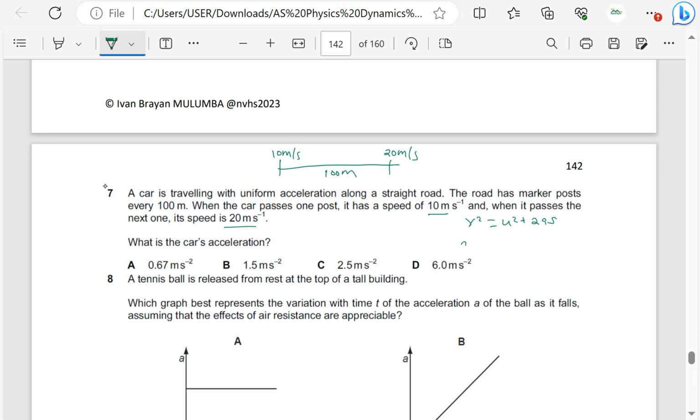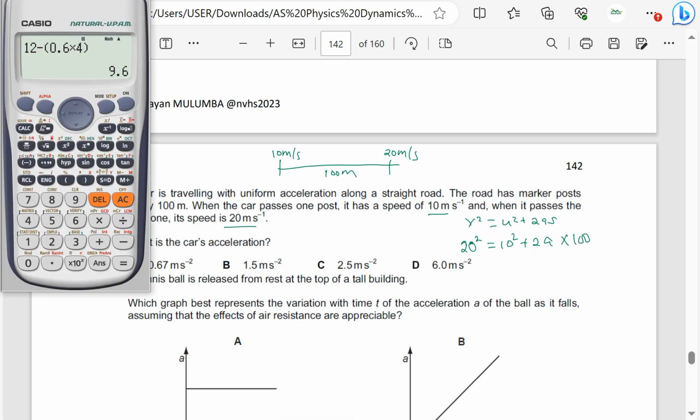So the final velocity is 20. 20 squared should be equal to 10 squared, because it is accelerating, this is still positive, plus 2 times the acceleration times the distance apart, which is 100 meters.